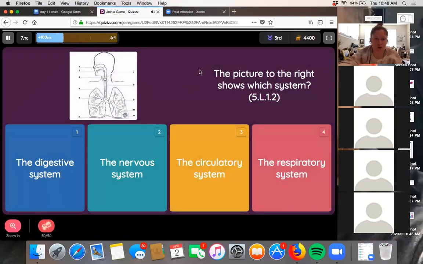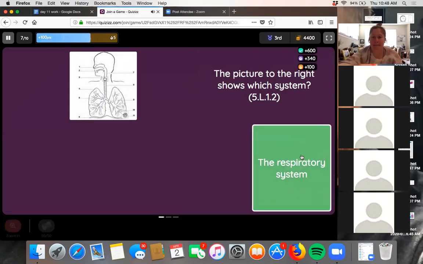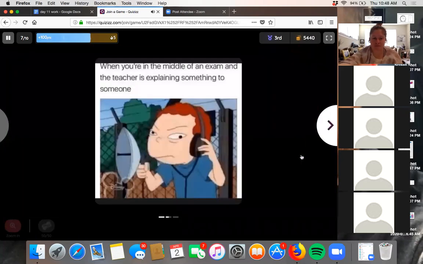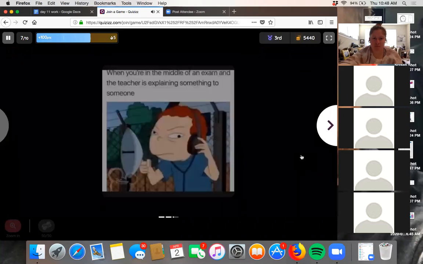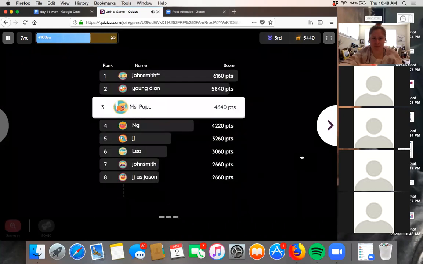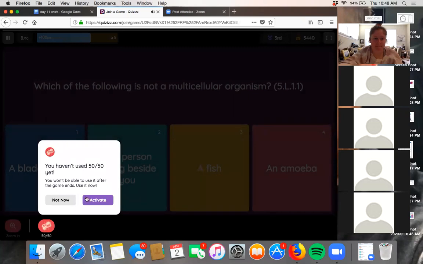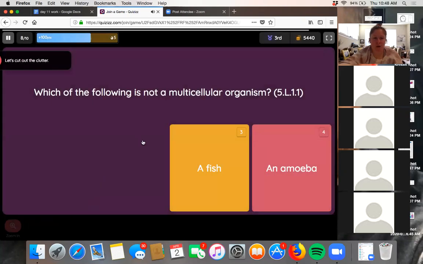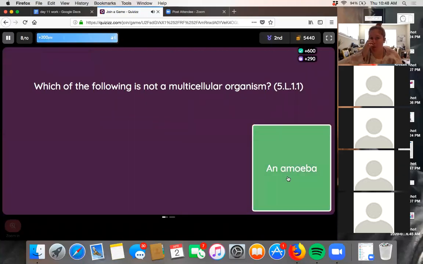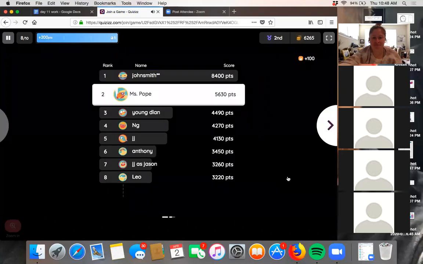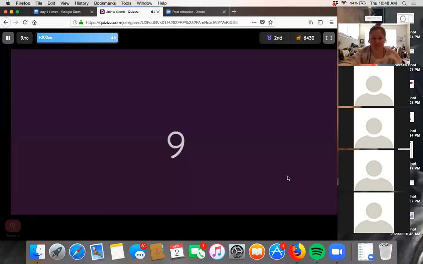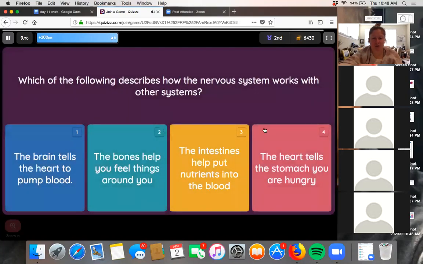The picture to the right shows which system? Which of the following is not a multicellular organism? Which of the following describes how the nervous system works with other systems?